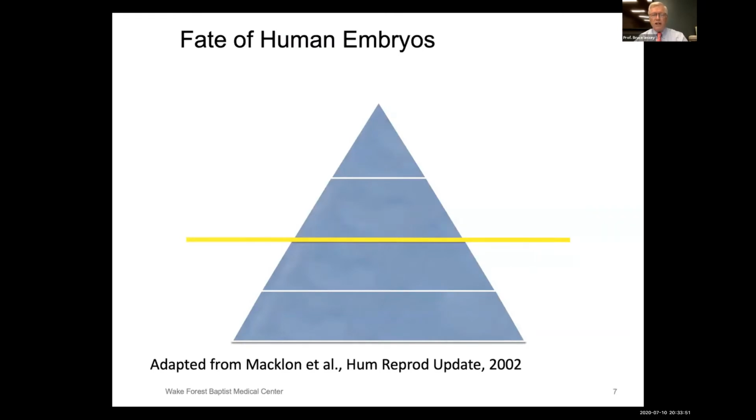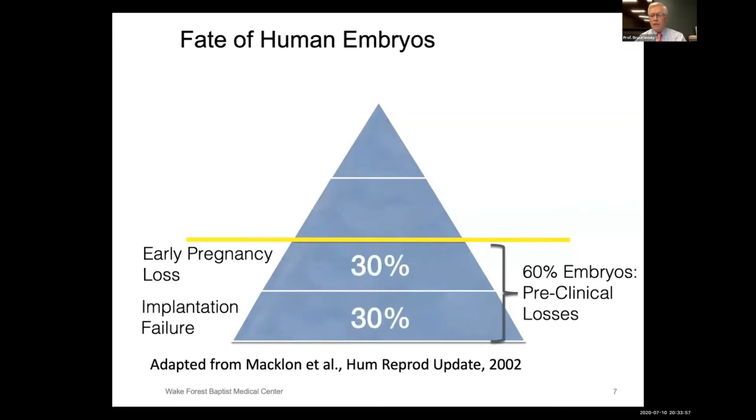So for any embryo that is available, there are different fates that can occur. Maybe 60% of pregnancies are preclinical losses. This slide was adapted from Macklin's paper in 2002.